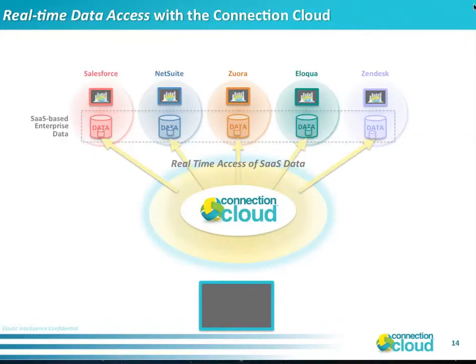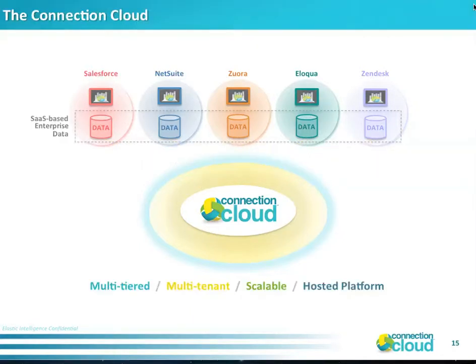So within the Connection Cloud, we create a virtual database, a representation of all of the users' metadata for all of the applications that they're accessing. And that would include custom fields in any of those applications.